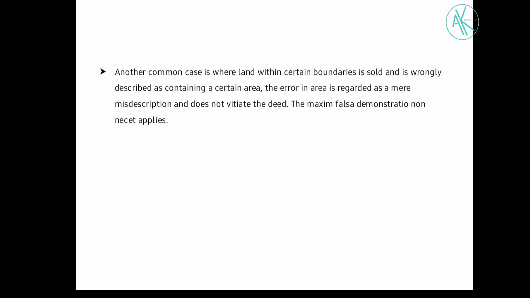Another common case is where land within certain boundaries is sold and is wrongly described as containing a certain area. The error in area is regarded as a mere misdescription and does not vitiate the deed. The maxim falsa demonstratio non nocet applies.